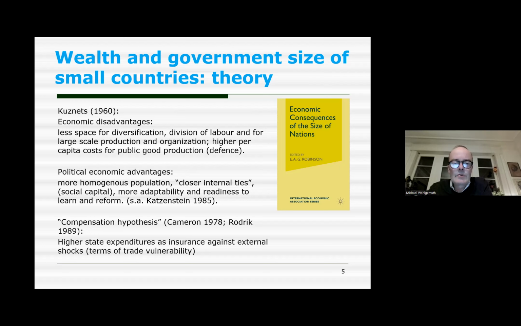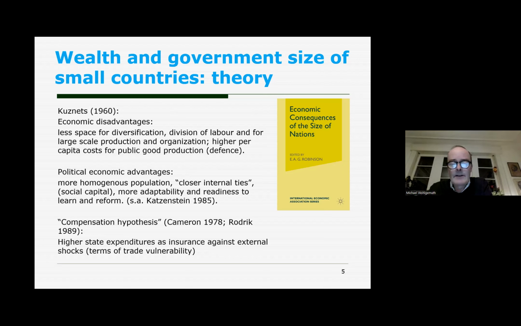And small states should show more adaptability and readiness to learn and reform. And this has also been mentioned by Katzenstein in an interesting book comparing different kinds of small state governance.